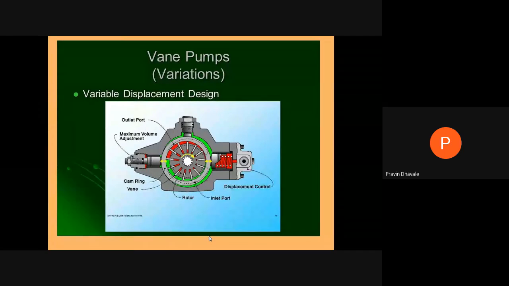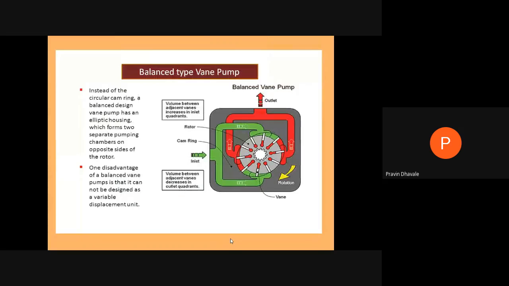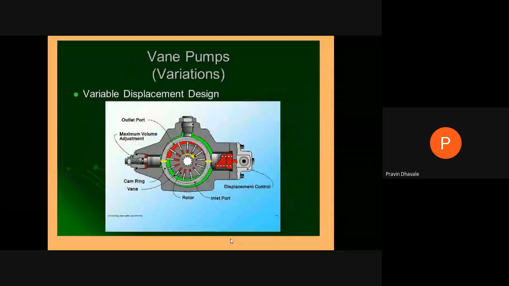We can get variation in the discharge of the pump. So these are the three main types of vane type pump. The first one we have studied is the unbalanced type vane pump. The second is the balanced type vane pump, and the third is the variable displacement design, where we can get variable delivery from the pump.